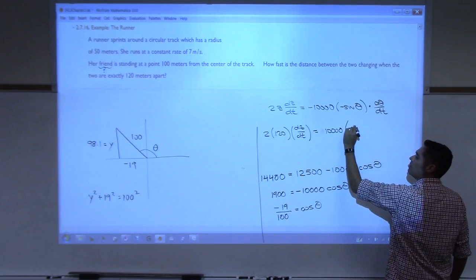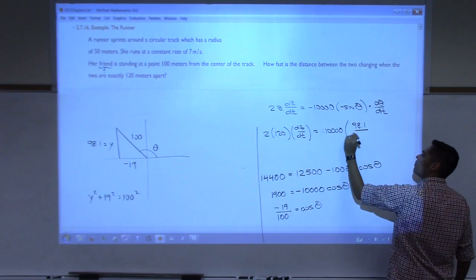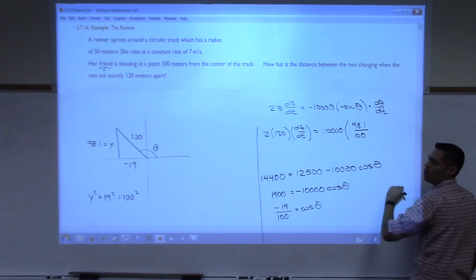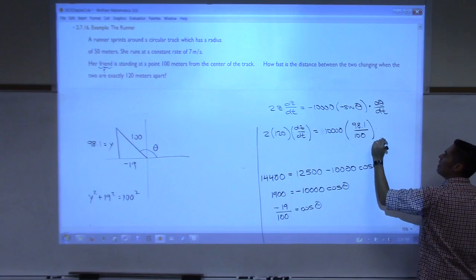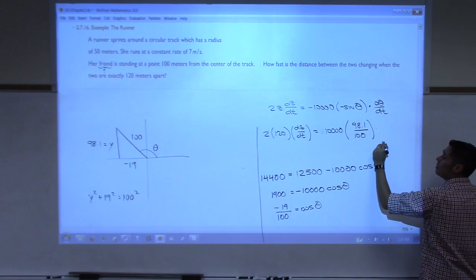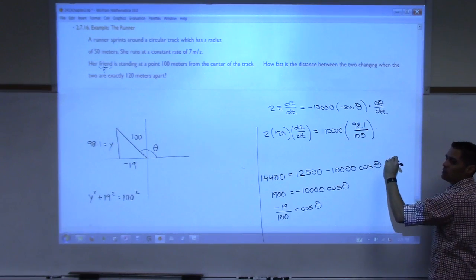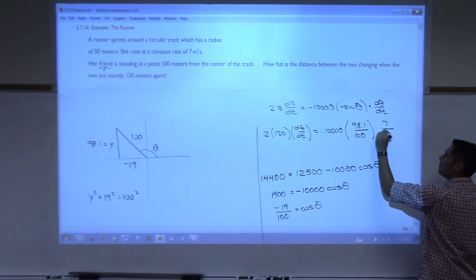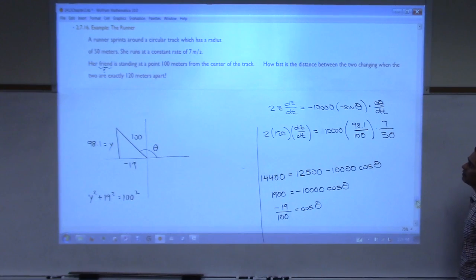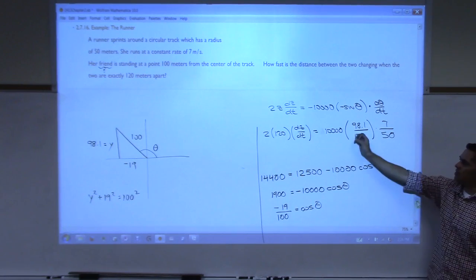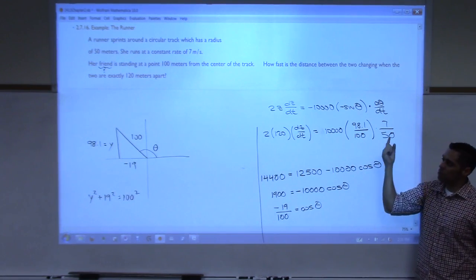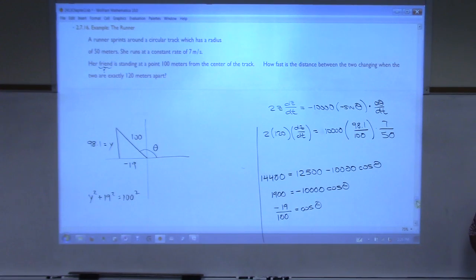Sine of that is 98.1 over 100, which is 0.981, times d theta dt, which was 7 over 50. And that's just arithmetic. Get all this together, divide 240 on both sides, and you're done. And that's your answer. That's the distance at which they are moving apart.